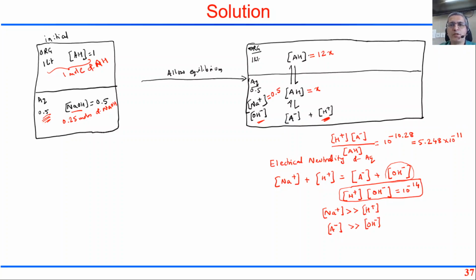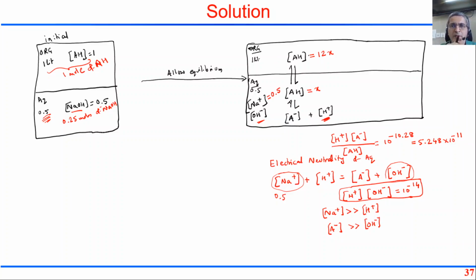till the ionic product of water is satisfied. H plus into OH minus is 10 raised to minus 14, whereas this Na plus is like 0.5. 0.5 molar is what I had put in initially. Na plus ions are not going to go into the organic phase. Na plus ions are not going to disappear as such.